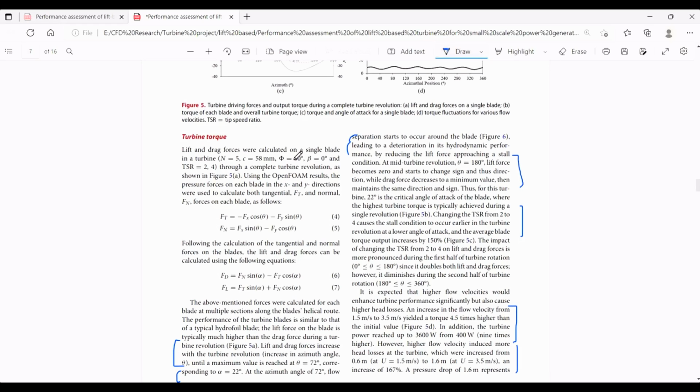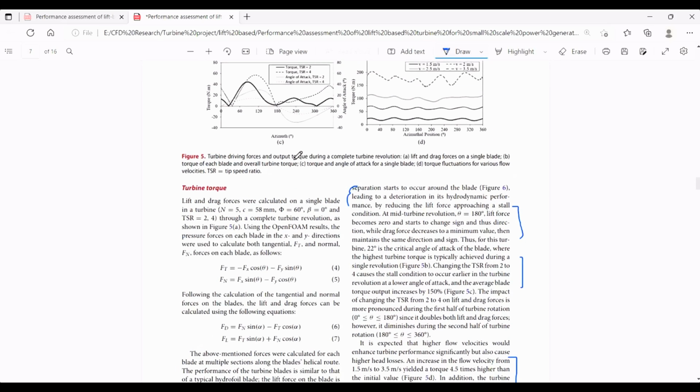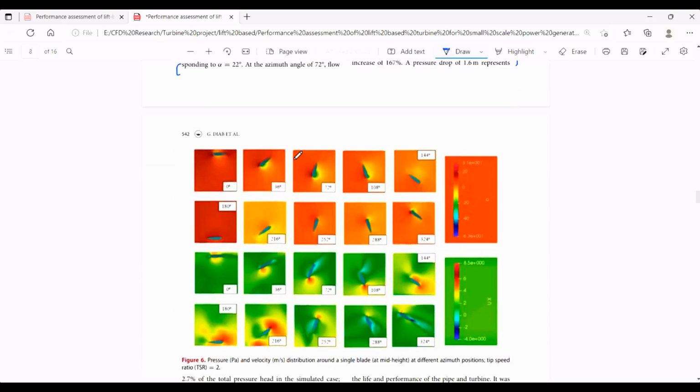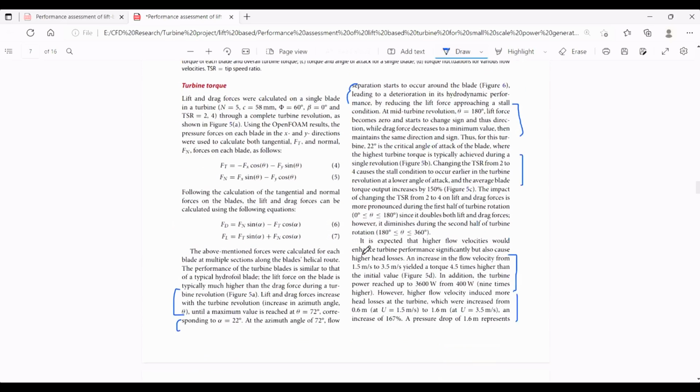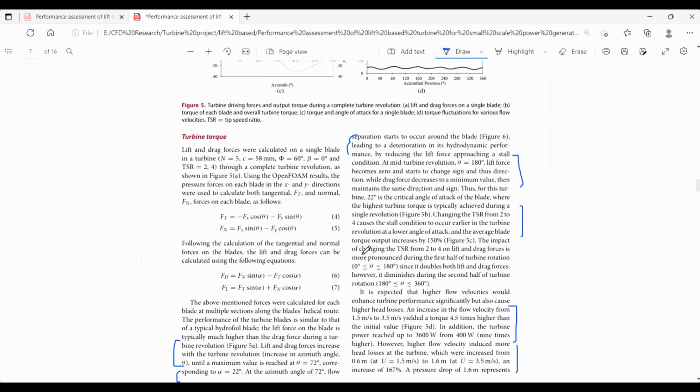At the azimuth angle of 72 degrees, the flow starts to separate around the blade, and this can be seen in the pressure and velocity contours shown here. After this, the separation leads to a deterioration in the overall performance of the turbine, and the lift force starts to approach the stall condition.